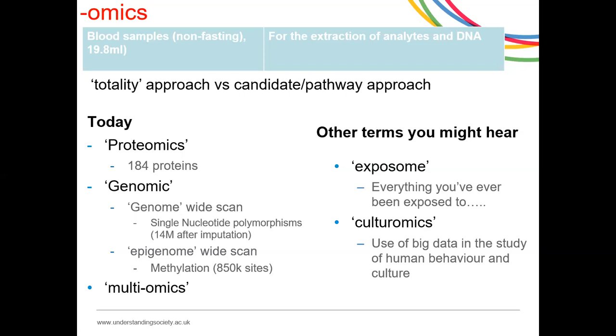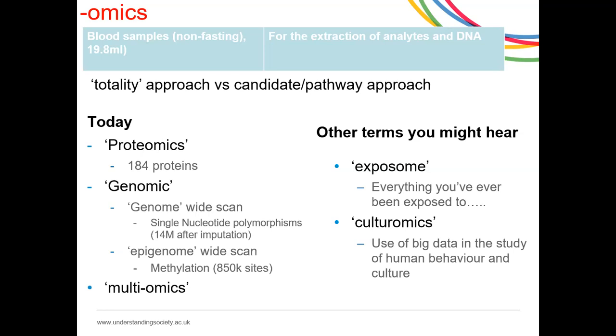And we're also going to make available proteomic data. So we've measured 184 proteins. That's actually a very small subsample of the potential number of proteins that are available in biology, which is thousands and thousands. So 100,000 proteins are probably measurable in biology. But we've measured 184, and you can look at those.